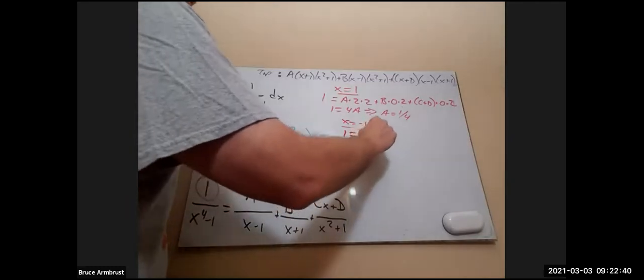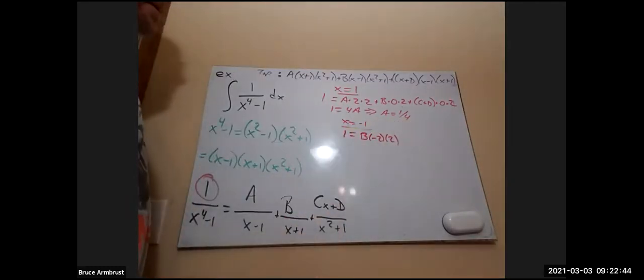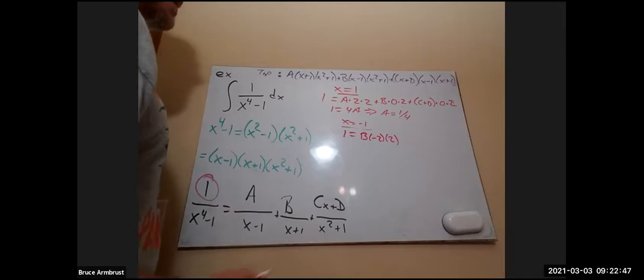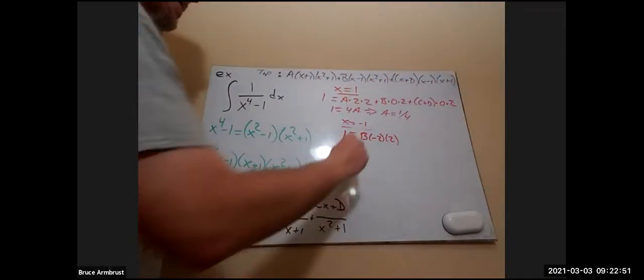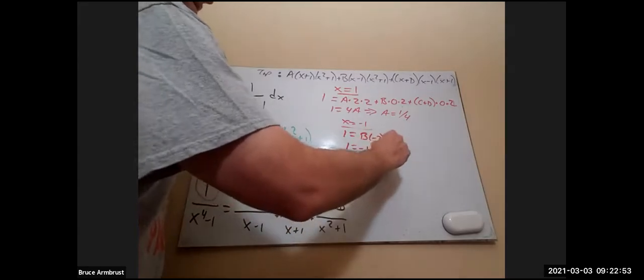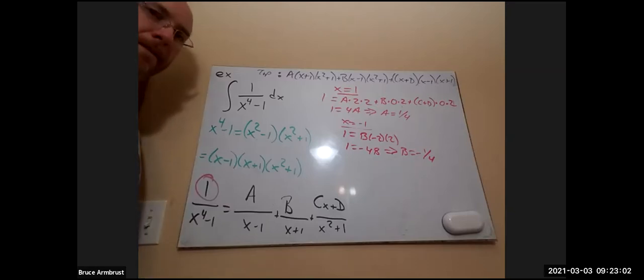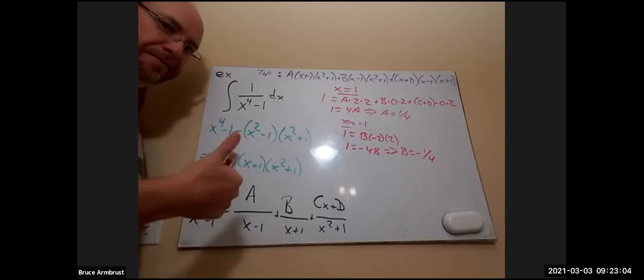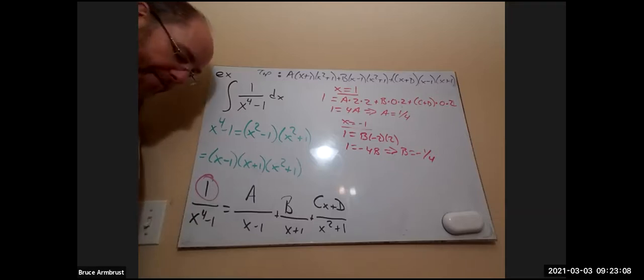I'm going to get B times -2 times 2, and then the Cx plus D stuff again all goes away. So I have 1 equals -4B, which gives me B equals -1/4. Cool. So I've got A and B.